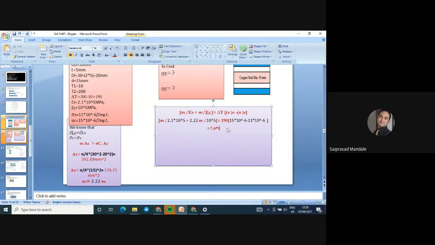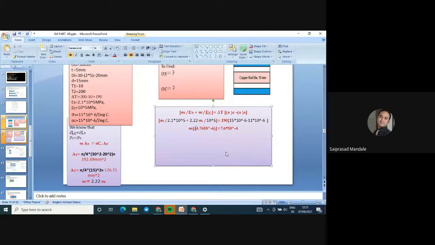Now here, I'm going to take sigma c common. If I withdraw sigma c, it is 1 divided by 2.1 into 10 raised to 5, which is 4.76 into 10 raised to minus 6. Okay, this is the first value.